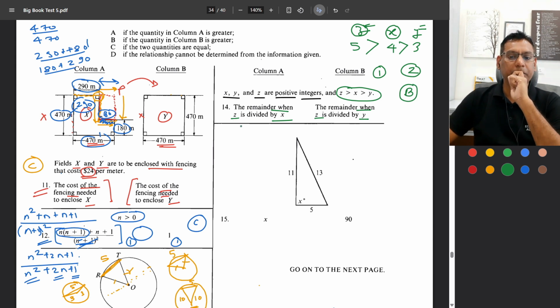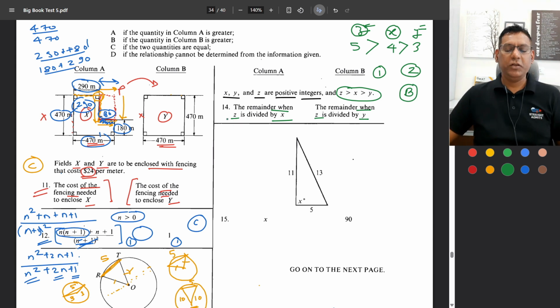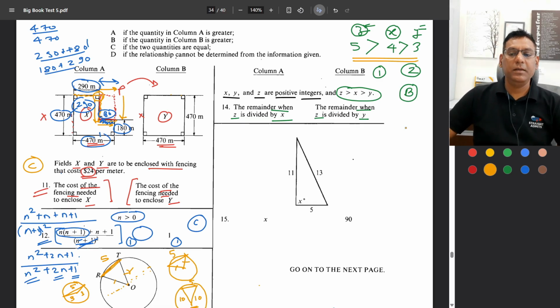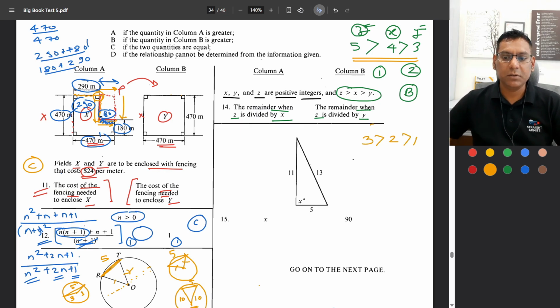Correct? All right. But obviously that's going to change with different numbers, because the remainder could be different. Let's say I have 3 greater than 2 greater than 1. So this is Z, X, and Y. In that case, the remainder when Z is divided by X is going to be 1.